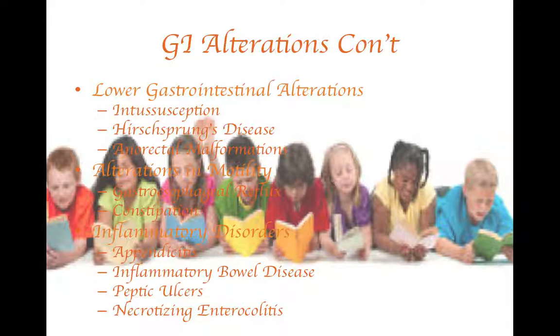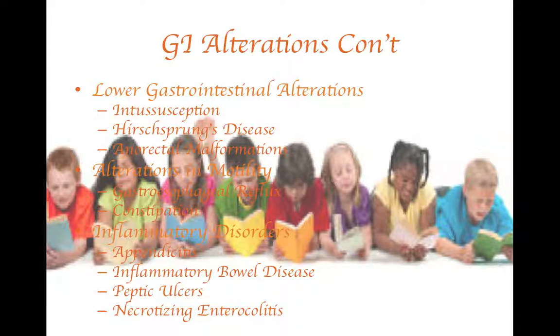Also, IBD characteristics would include most common between the ages of 10 and 20 years. So these are characteristics that you will notice for IBD patients. It is common between the ages of 10 and 20, elevated erythrocyte sedimentation rates, and low serum iron levels.